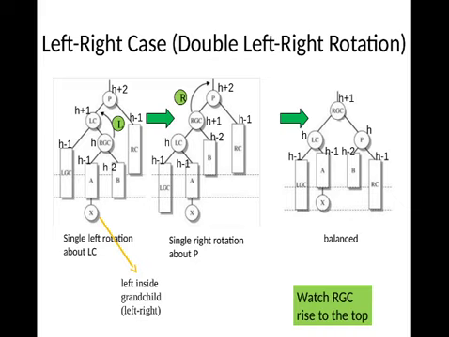We note that the balance factors of all the nodes are restored to the permissible limit of -1 to 1. Further, the height of this subtree is also restored to h+1, which was the height before the insertion of X. Hence, no balance factor violations are introduced upwards in the tree.